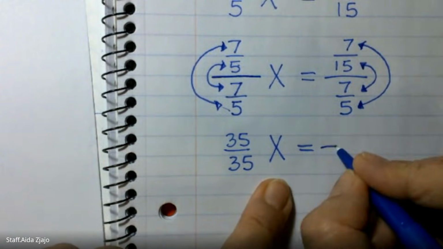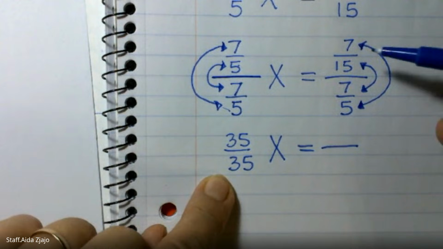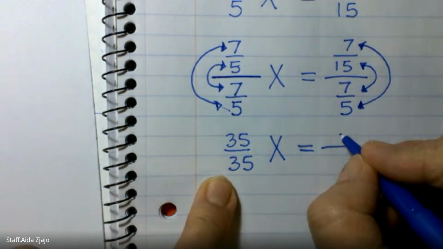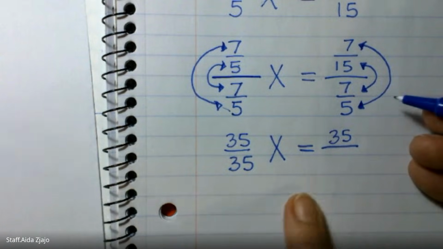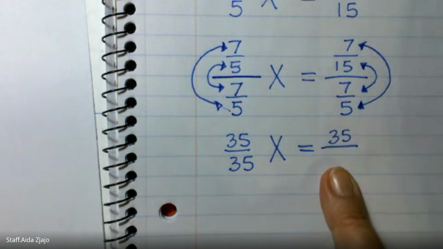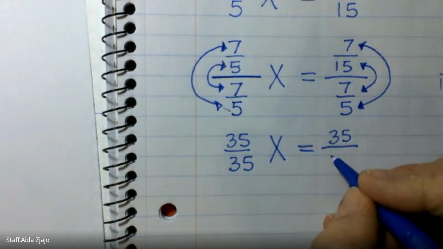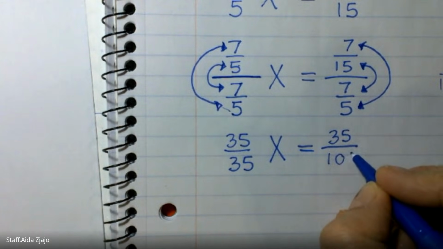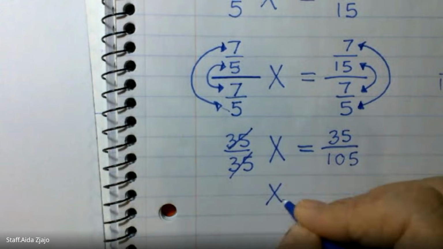So when we do that fraction, 7 times 5 is 35, and 15 times 7 is 105. So this 35 and 35 will cancel each other.